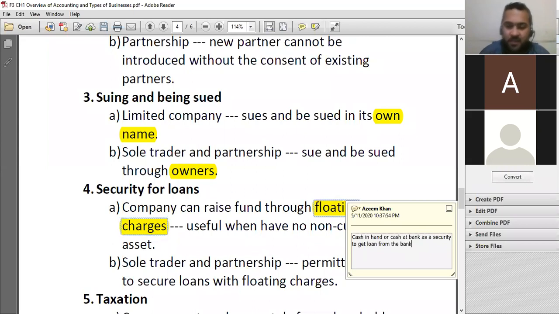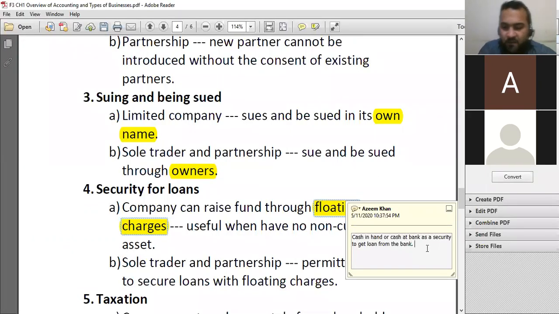So they will agree with the bank that we have an account, and normally in our account we have 1 million, 2 million cash regularly available. So they will agree that the company cannot withdraw the money from the bank. They will set a block on the account.